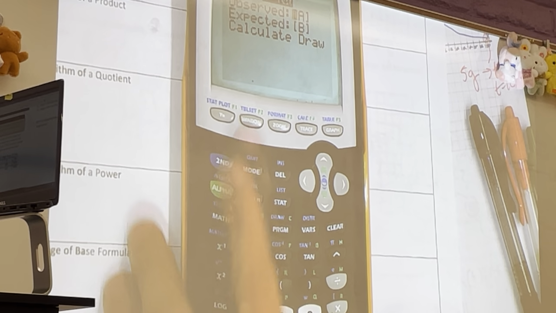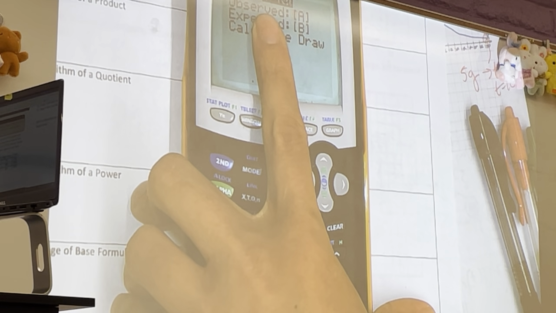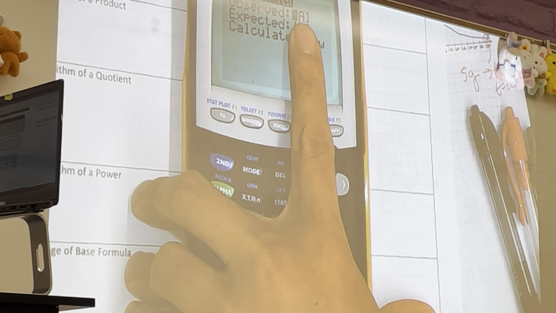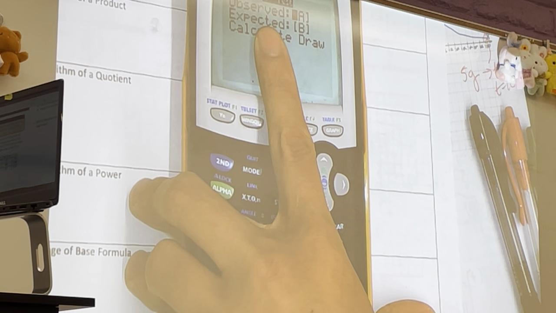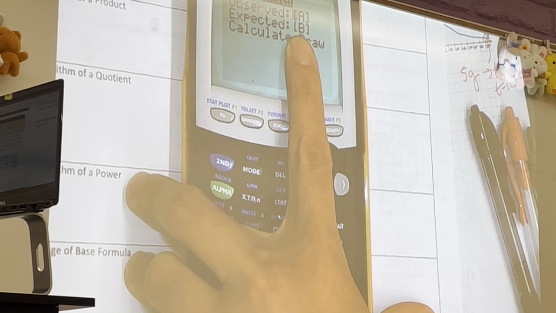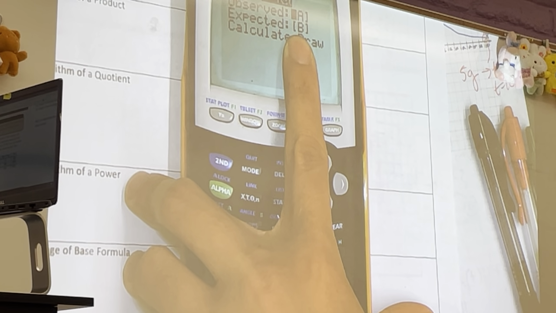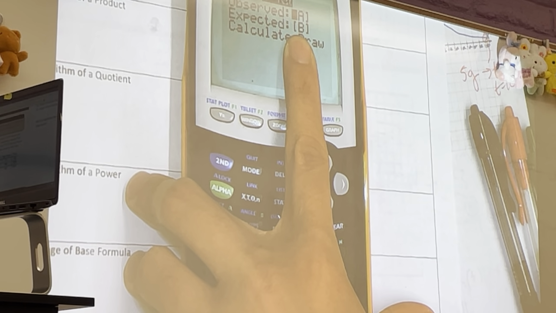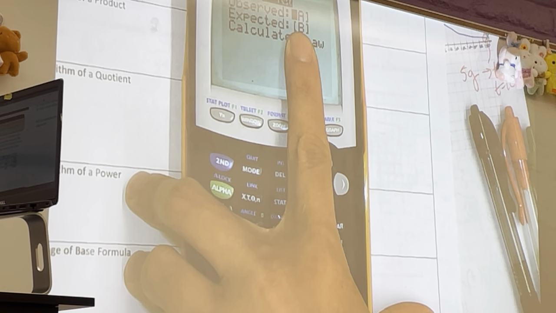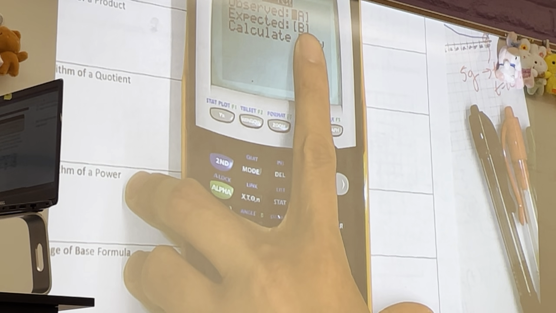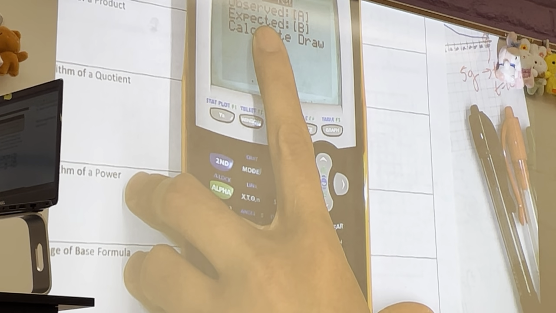If you press enter, it's going to ask you for observed values, and it's in the form already of a matrix. And your expected values, which is also in the form of a matrix, because again, if it's a 2 by 3 matrix of observed values, it's a 2 by 3 matrix of expected counts. Now, some of you are looking at this: I don't have anything in matrix B. Why do I have to plug in anything for expected values when we didn't do anything with expected values?